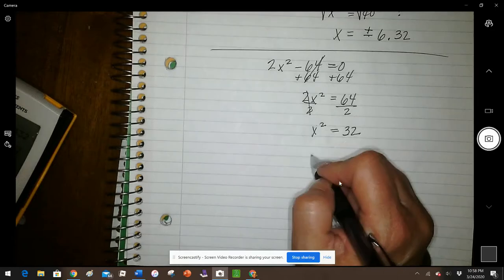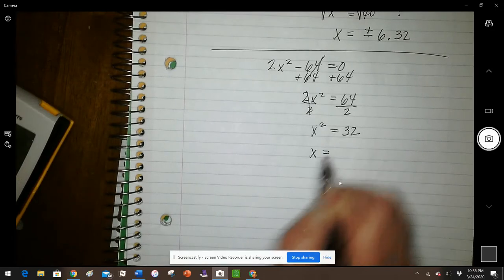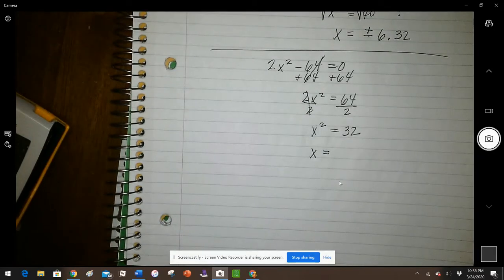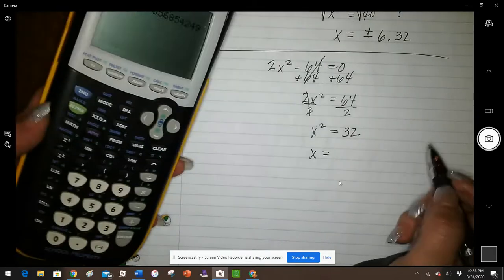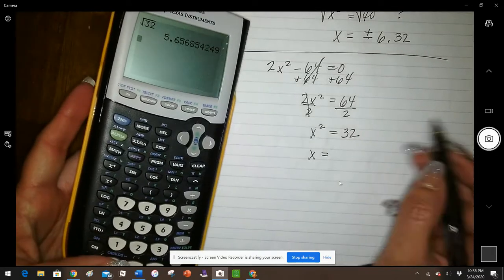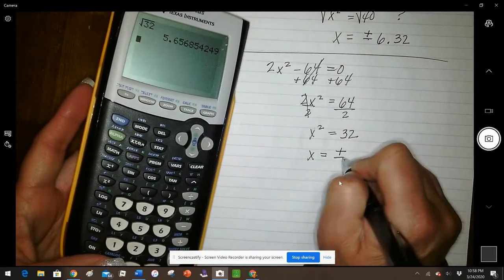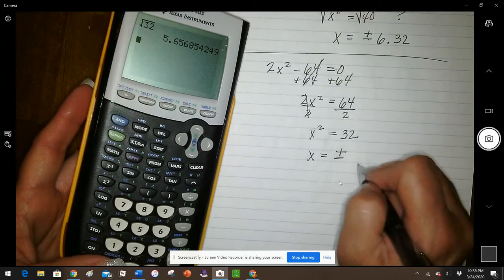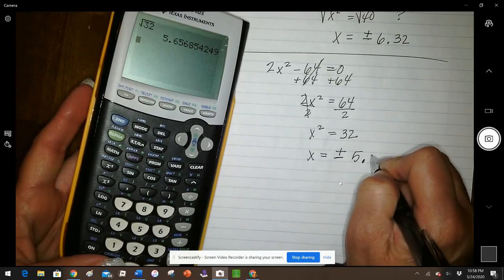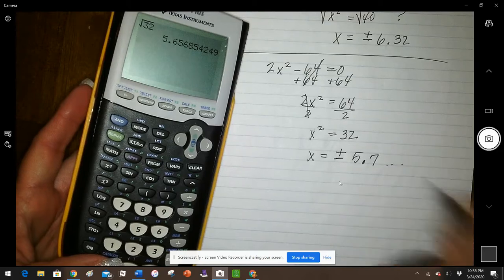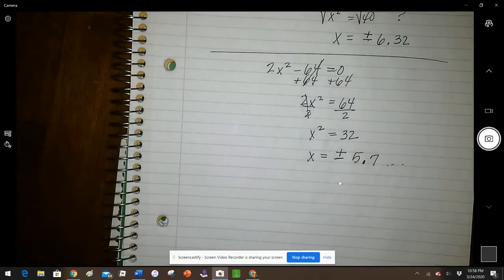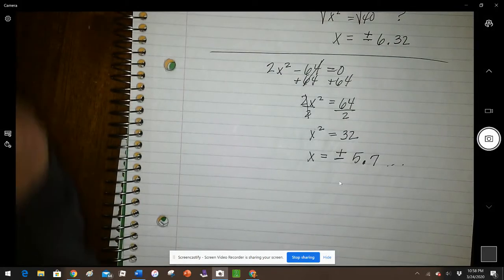And so now we need to do the square root of 32. And according to my handy dandy calculator, my answer is positive and negative 5.7-ish. Okay? All right, so I hope that makes a little bit of sense.